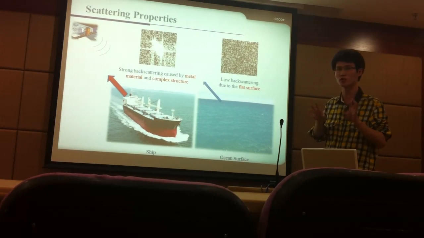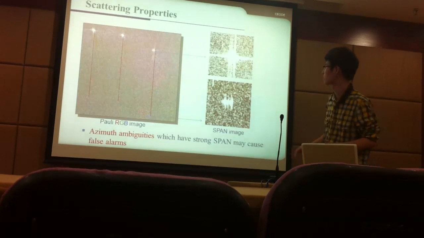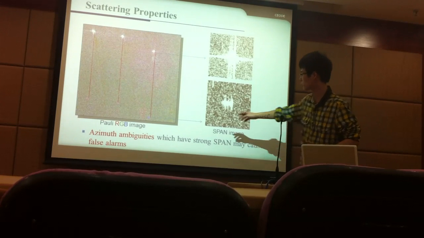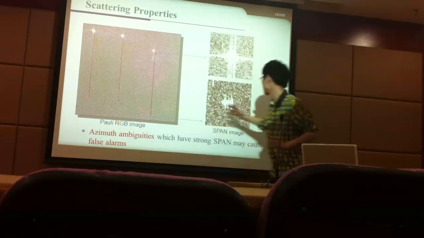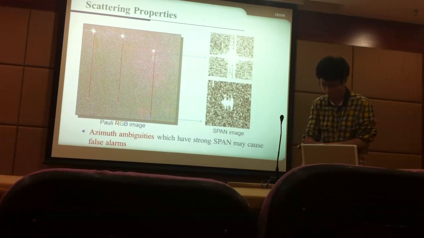However, if we only use this method, we sometimes get errors. The first is azimuth ambiguity, which is the purple one. It also looks like a ship, and we cannot discriminate it.